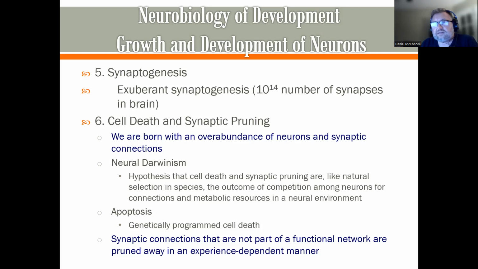So we're just going to let those neurons die, right? This is called apoptosis. The idea is that a neuron that's not interconnected with other neurons, and is not really part of any functional neural network, is going to automatically kill itself, right? That's called apoptosis. But the same is true not just of individual cells, but of actual synapses as well.